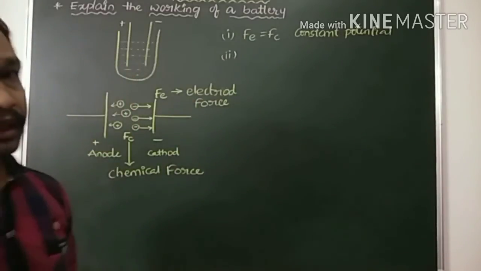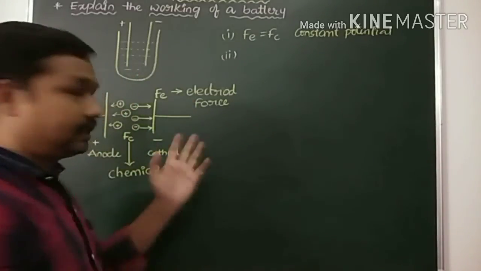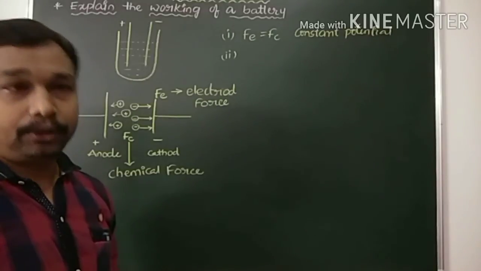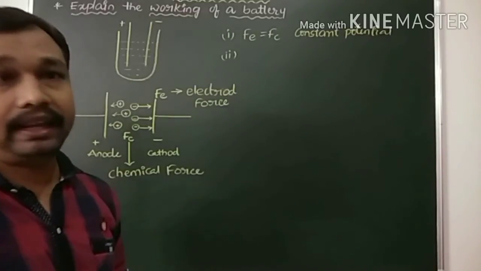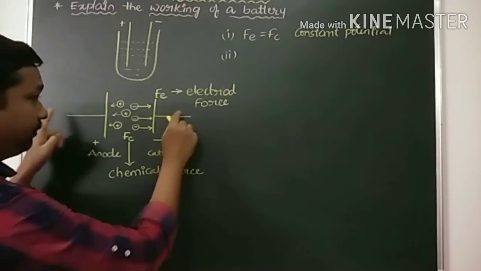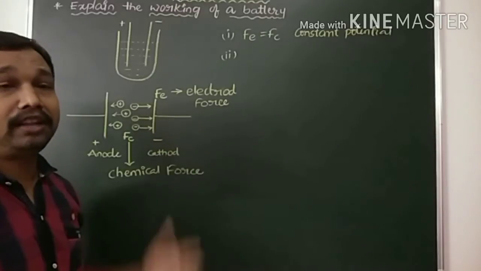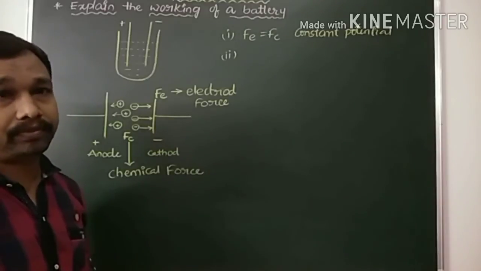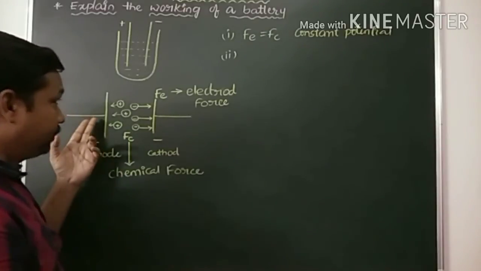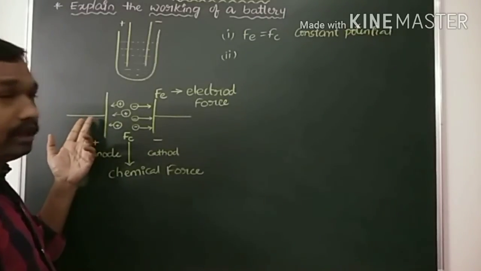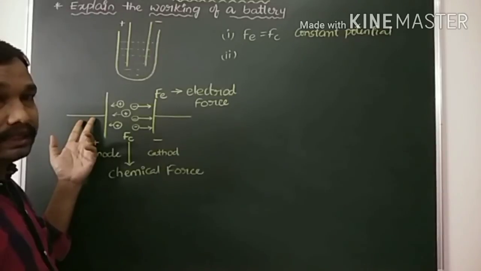Suppose we connect these two terminals, the positive terminal and the negative terminal, to any electric device like an electric bulb. Then what happens? Energy starts flowing. If you consider a conductor here, then so many electrons will be present.